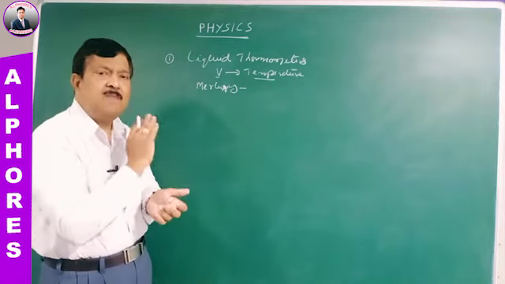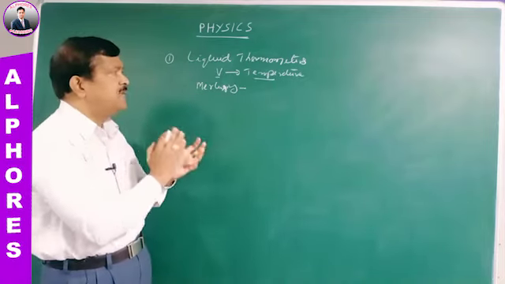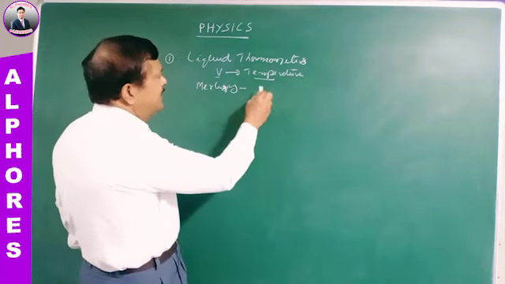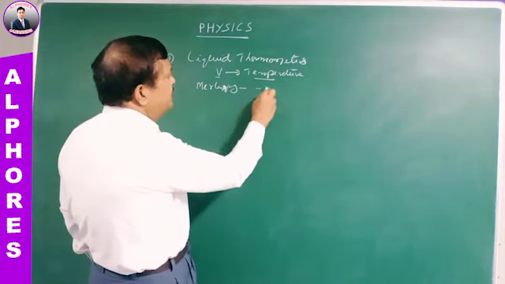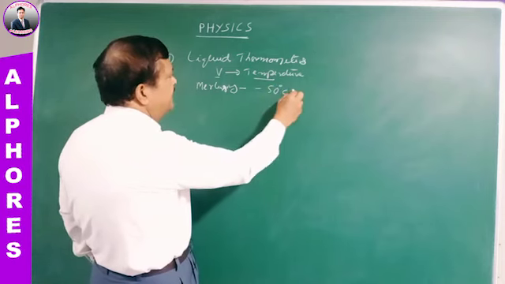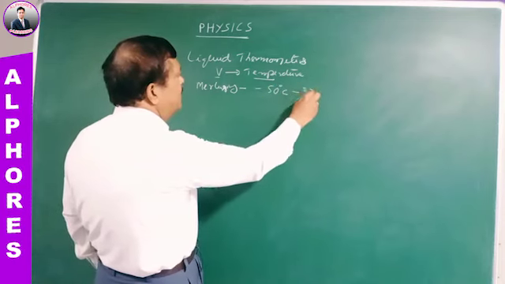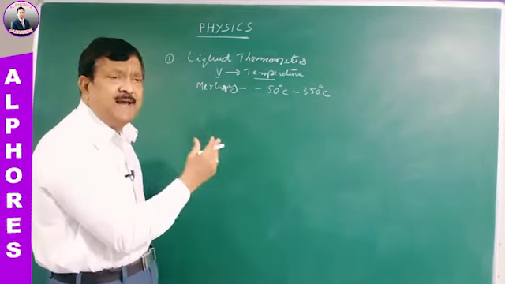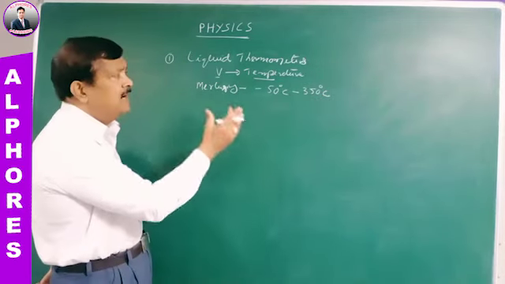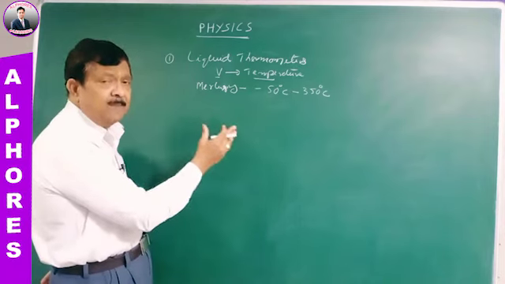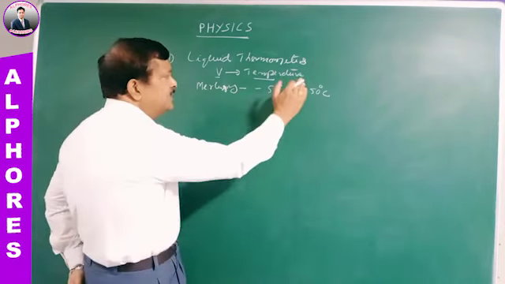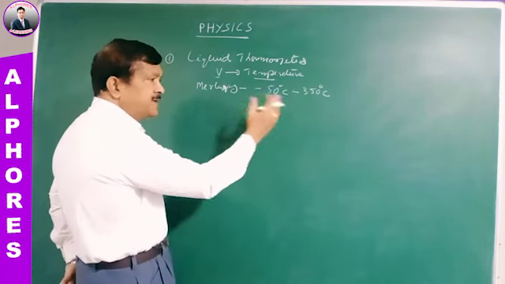Such a thermometer is known as a mercury thermometer, and it can measure over a wide range, about minus 50 degrees centigrade to normally around 350 degrees centigrade. Remember, these are not fixed values. Depending upon the conditions, it represents only a range.